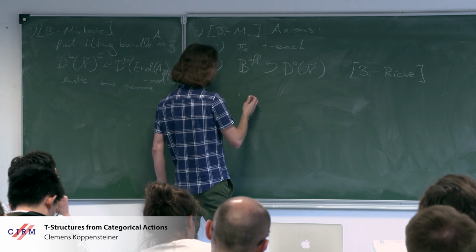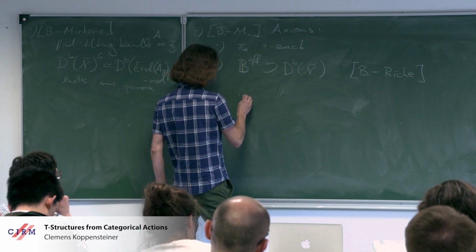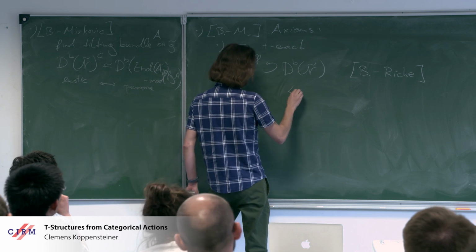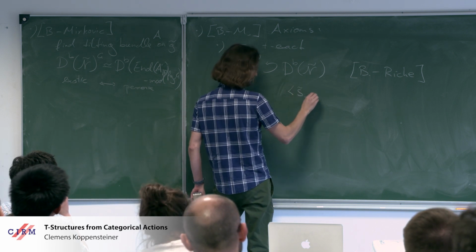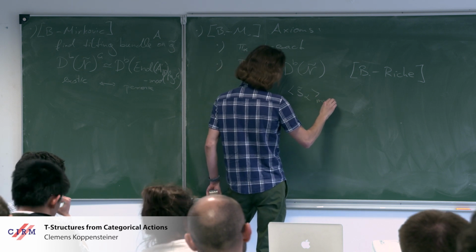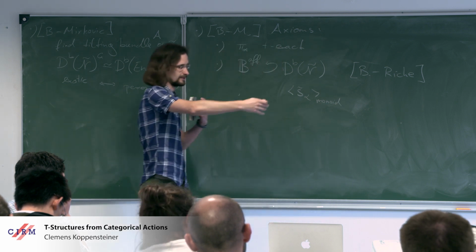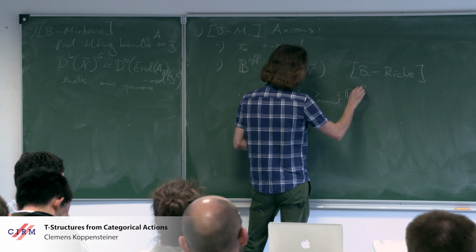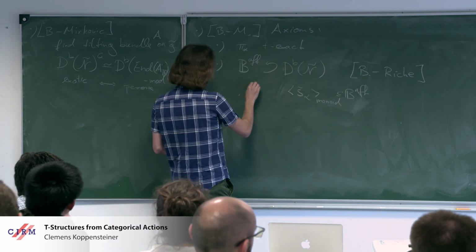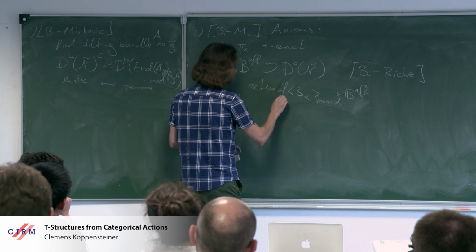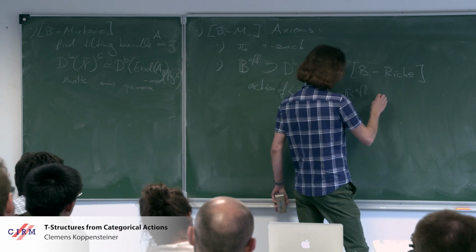But anyway, the condition then is that if you take the submonoid generated by the images of the simple reflections, so the submonoid, not the subgroup, so all the things you can write in positive powers of this, the action of this should be right exact.